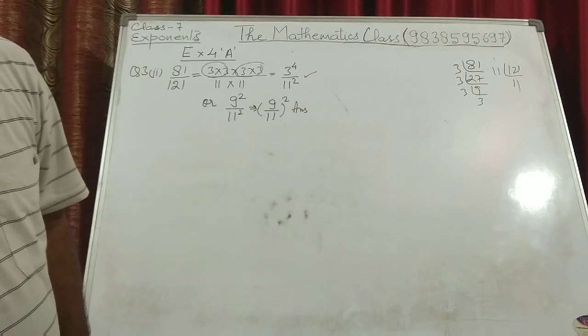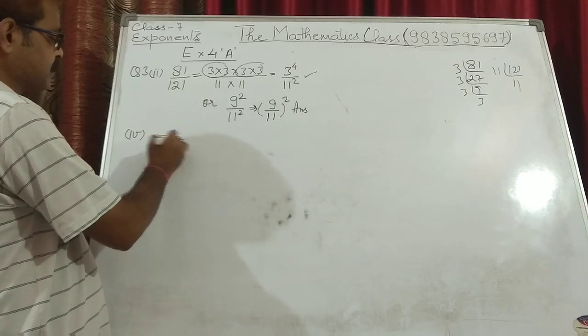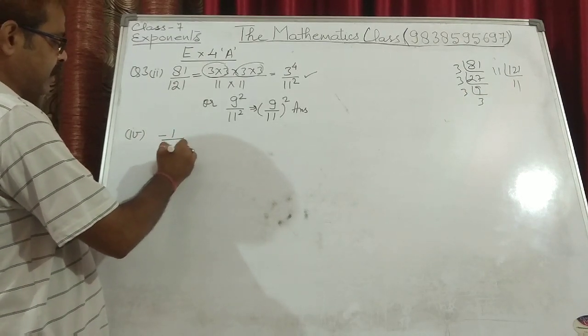Now next we will take the fourth part, that is minus 1 upon 512.